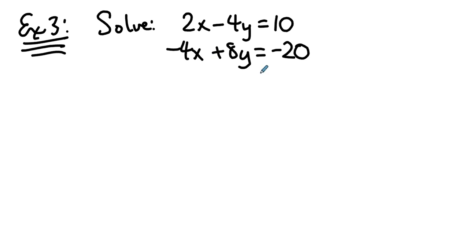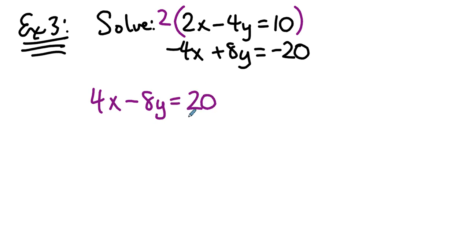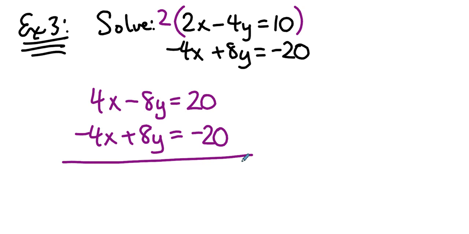So let's try the elimination thing. We'll try to make these match with opposite sign. 4 seems like a reasonable number, so we'll leave this equation alone, and we'll multiply by 2 up here so that we get 4x minus 8y is 20, and negative 4x plus, oh, wait a minute.